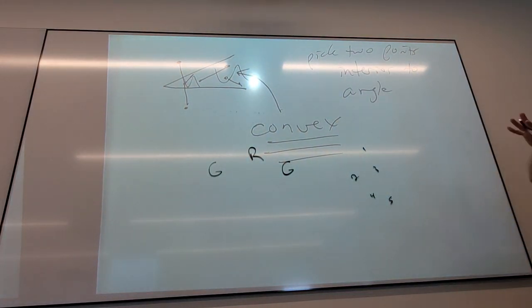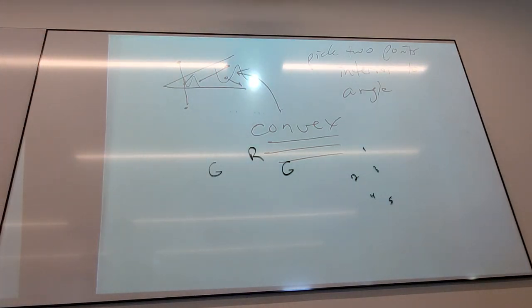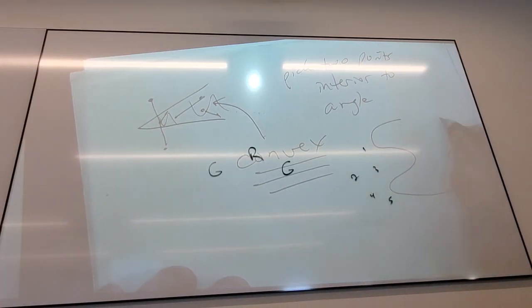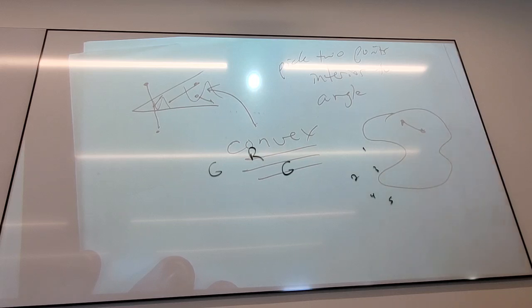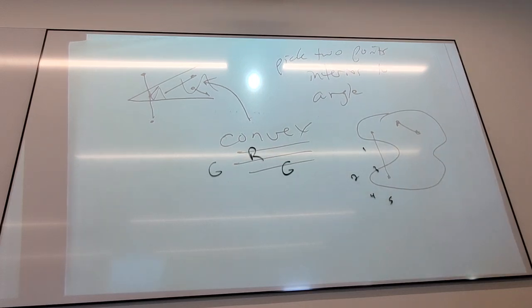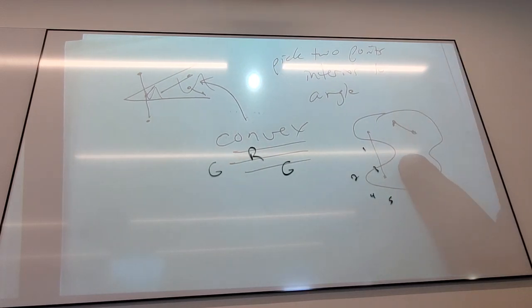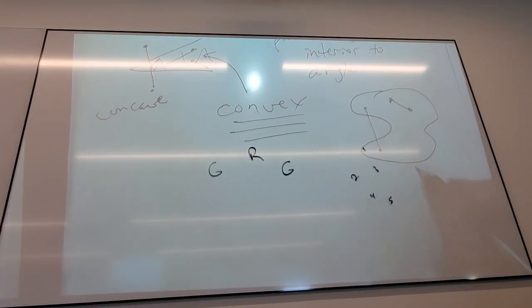So if I have a region anywhere, it doesn't have to be angles, it could be any shaped region. If there's a possibility that any 2 points, when I connect them, leave the region, for example in this shape, these 2 points are good, but these 2 points, oh no. So I would call this concave. What about a circle?